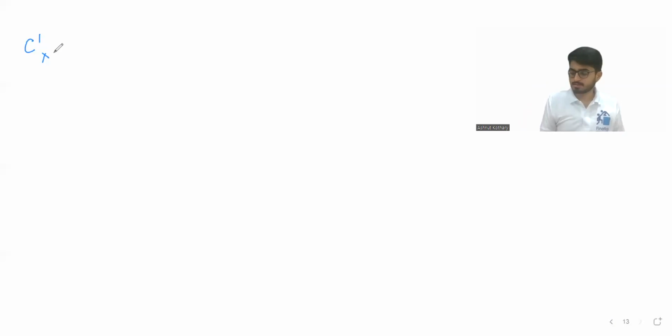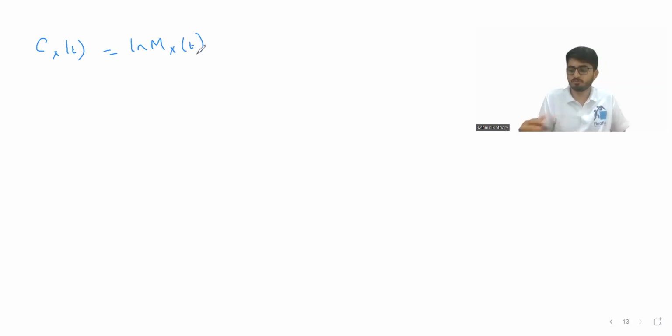We denote it as C_X(t), and this is nothing but simply ln of M_X(t). Just take the log of the MGF and that is nothing but the CGF.